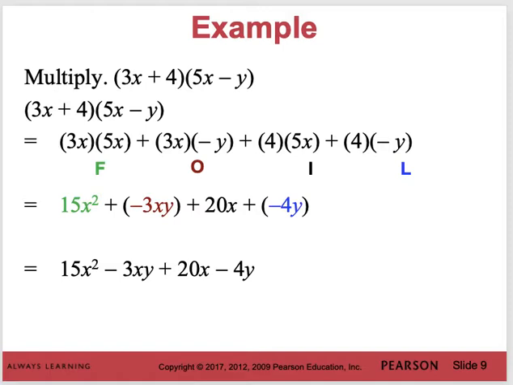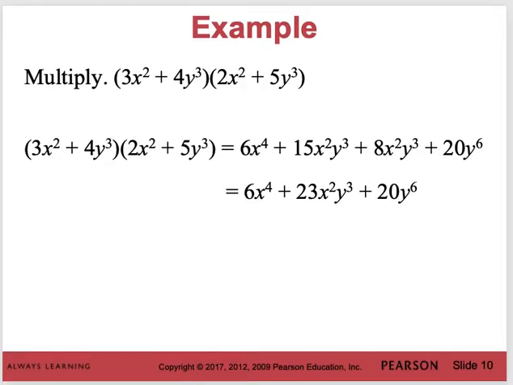So we can keep everything separately as 4 separate terms. Here's just another example using the FOIL method, but in this case the FOIL is removed and we are just showing the steps to solve.